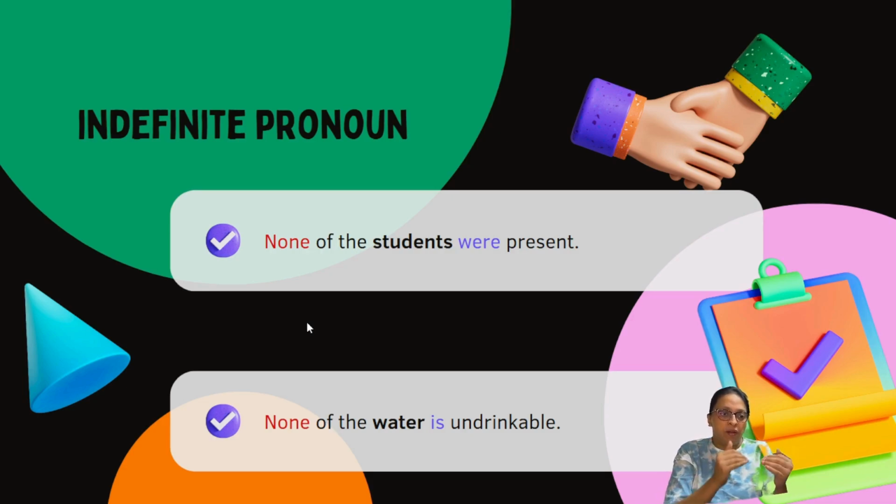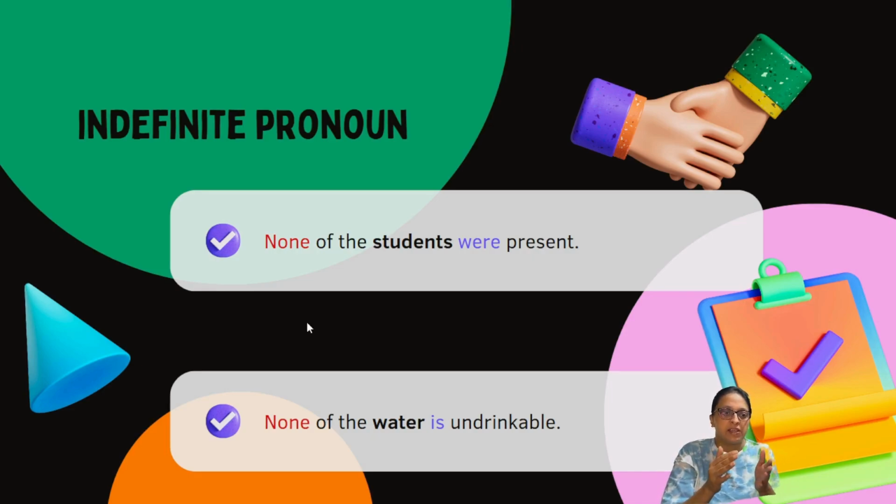But when none is used with an uncountable noun, we mean every fraction of that noun. So every fraction of that water is not undrinkable. That means it is drinkable.